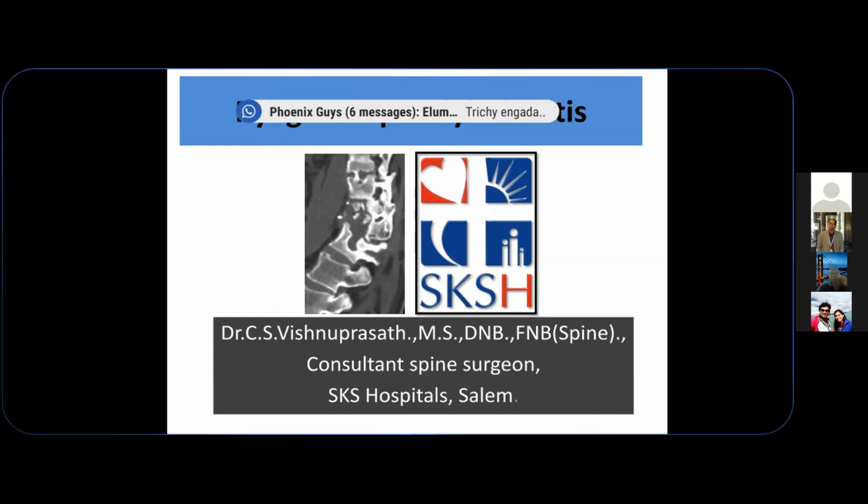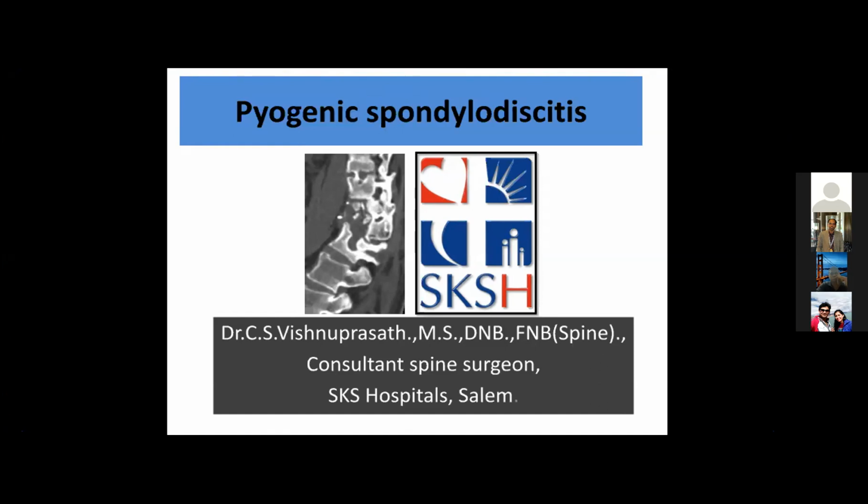In pyogenic infection, most of the time the patient just presents with disc space collapse. If the collapse is very little, we can get away with just an autologous bone graft. If the disc space dissection is more and there is an empty space, we can use a cage.